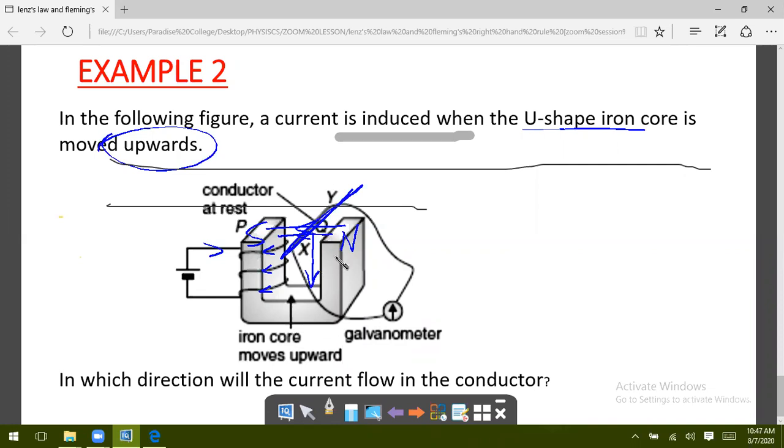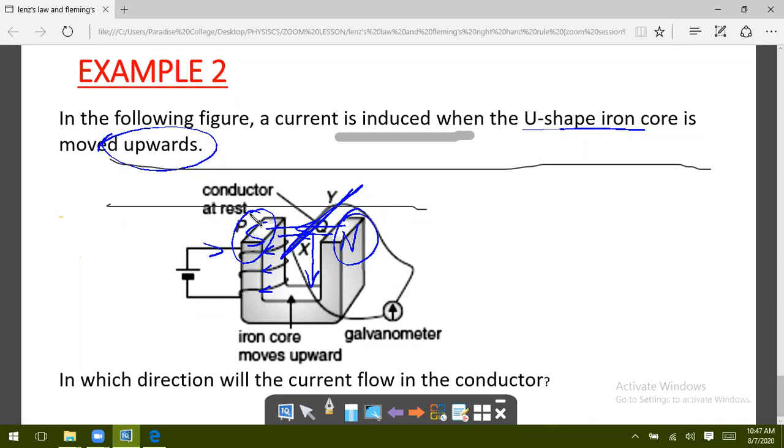The conductor is moving down this way. This is the north pole, that's the south pole. Use Fleming's right hand rule to tell me the current direction. Let's do that together. Field pointing from north to south, thumb is going down this way, and the current, tell me, is it going from X to Y or Y to X?